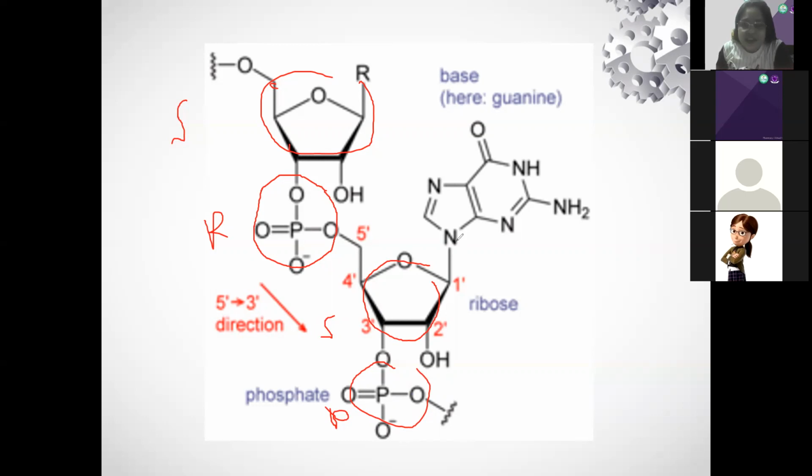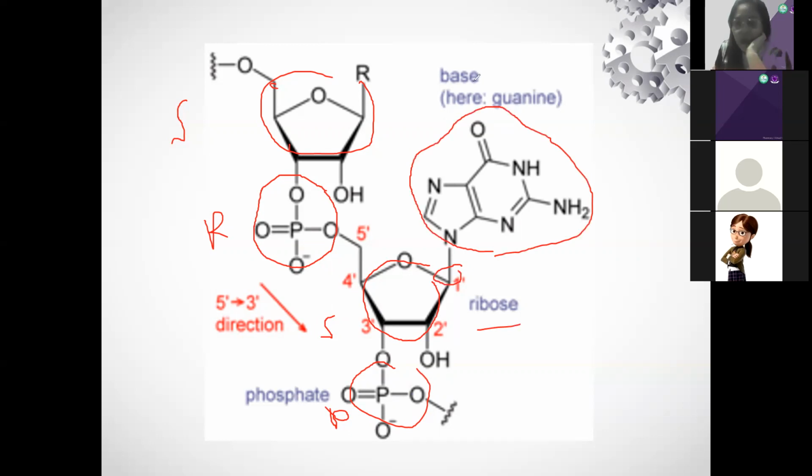And then, saan nakaband si nitrogenous base? We have here an example. This is a guanine here. This is an example of a nitrogenous base. To be specific, this one is a purine base. Now, take note that the purine bases are bonded to carbon number 1 of the sugar. Take note ha kung saan sila nakaband.